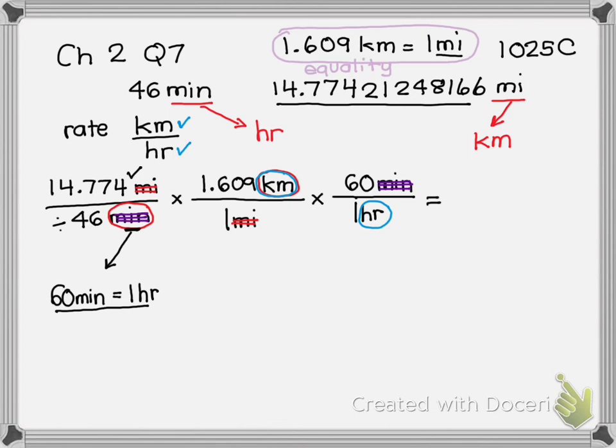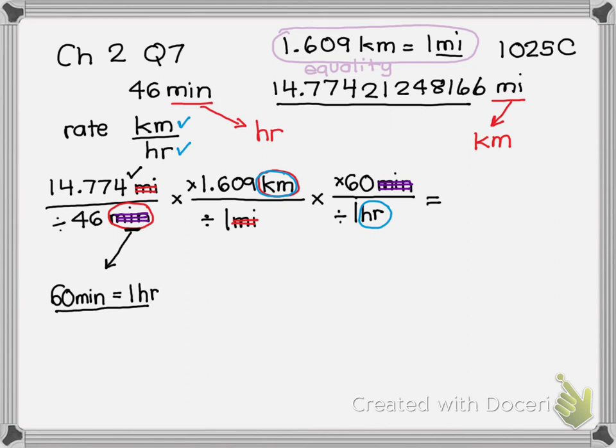That's the first step. Then you always multiply by the numerator, so times 1.609, then divide it by the denominator, divided by 1, which you really don't have to do because dividing by 1 doesn't change the number. And then I'll multiply by the next numerator, so times 60, and then divide it by 1.